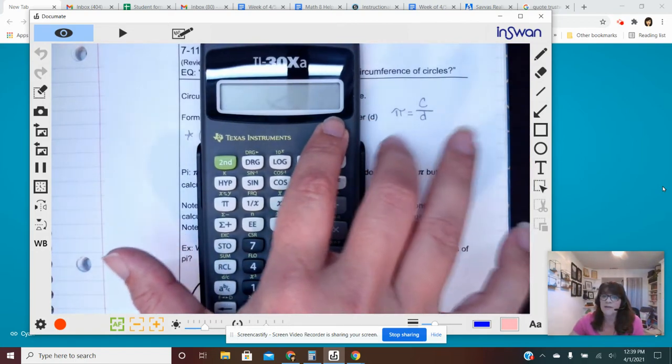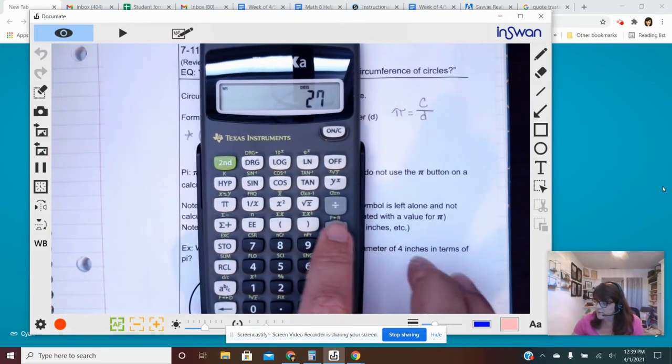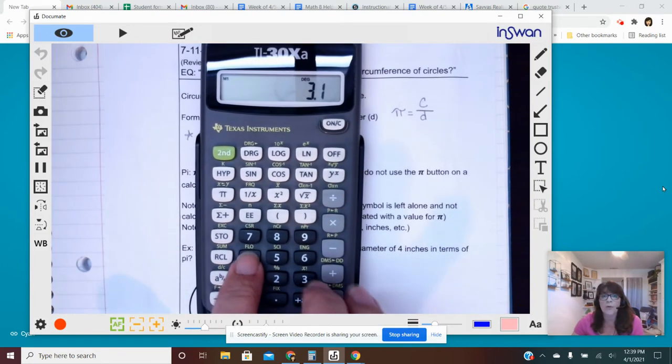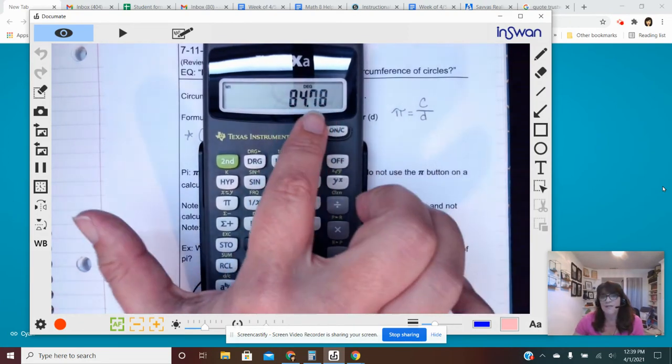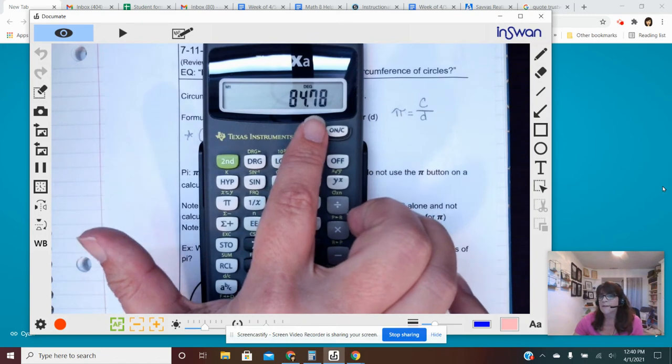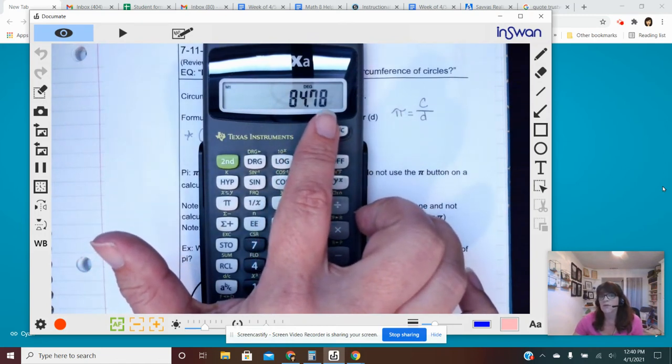If instead I use the number they gave me, 27 times 3.14, notice I get a different number. And it's different even in the hundredths place.